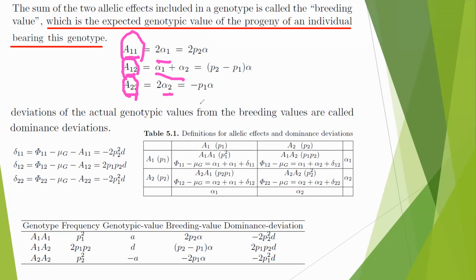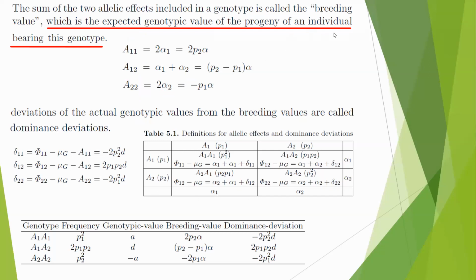If you want to do this kind of prediction, you can only use the additive part, which is the breeding value. You cannot consider the dominance deviation because that's the nonlinear part, so usually it cannot be useful for the prediction. This is why the breeding value is important in genetic breeding. All right.